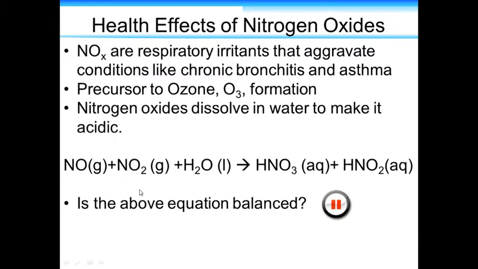I see 2 nitrogen atoms, 2 nitrogen atoms. So far, that looks good. I see 2 hydrogens, 2 hydrogens. That looks good. 3 plus 2 oxygens, that's 4 oxygens. It is not balanced. Okay, that was just to practice. We're not going to actually balance this equation right now.